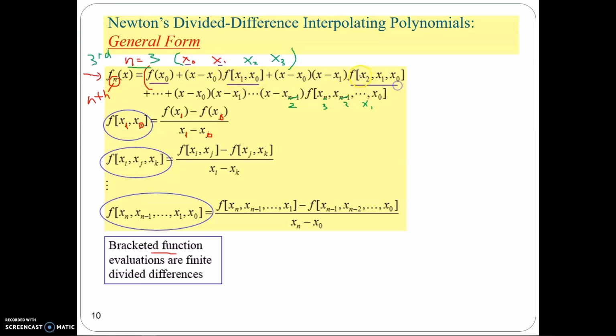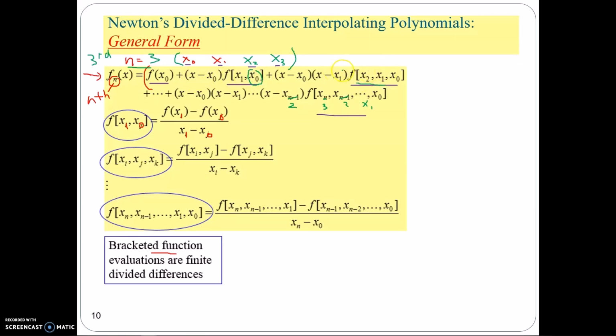Next you continue with f of x2 to x0. Then lastly you have f of x3 to x0. For the derivative approximation, you multiply it with x minus x0, which is the first point. Then you multiply it with an additional x minus x1, and then you multiply it with x minus x0, which is this point.